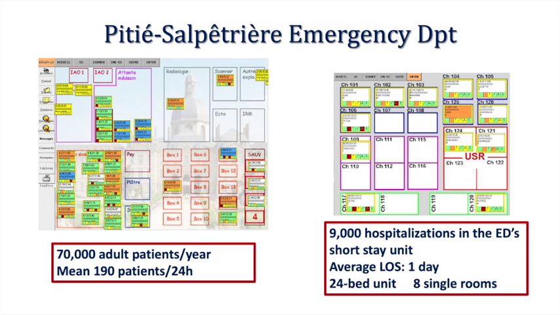We have 70,000 patients a year, so nearly 200 patients per day. On the right, you have our short stay unit belonging to the emergency department. We have 9,000 hospitalizations in this short stay unit, with an average length of stay of 1 day. It's a 24-bed unit, and we have only 2 to 8 single rooms.